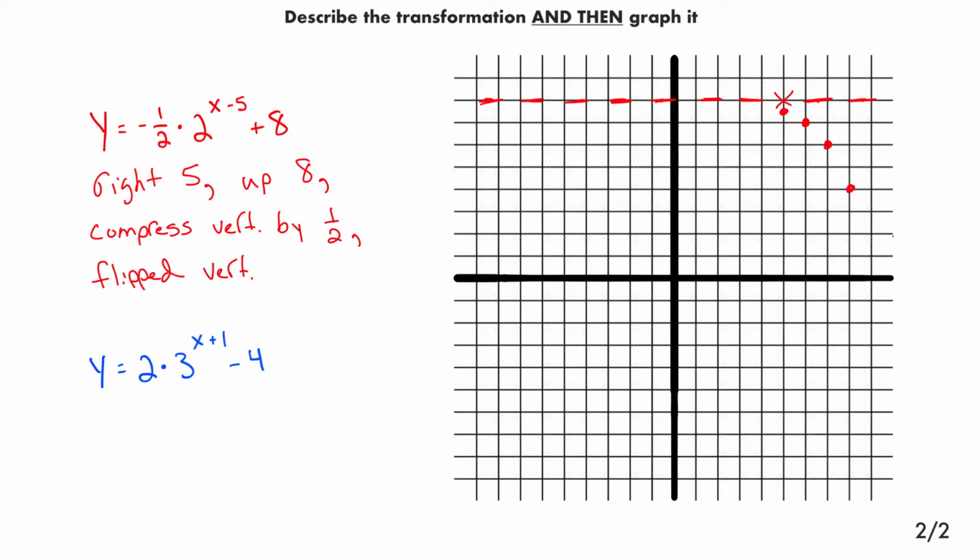We're going to go to 4. The next one will be right 4 up 16, because that's 2 to the fourth power. Cut that in half, you'll get 8, and we're going to go down instead. Right here. And that's enough information for us to graph. There's the graph of the exponential.